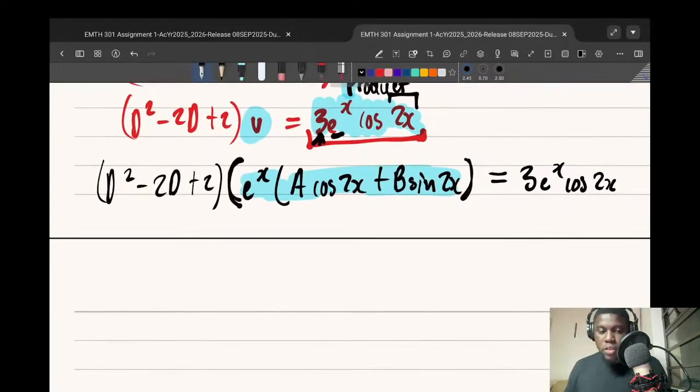So, okay, now the game is just we have to find the solution. We need to find the a, and we are going to need to find the b. Okay, so let's do it.